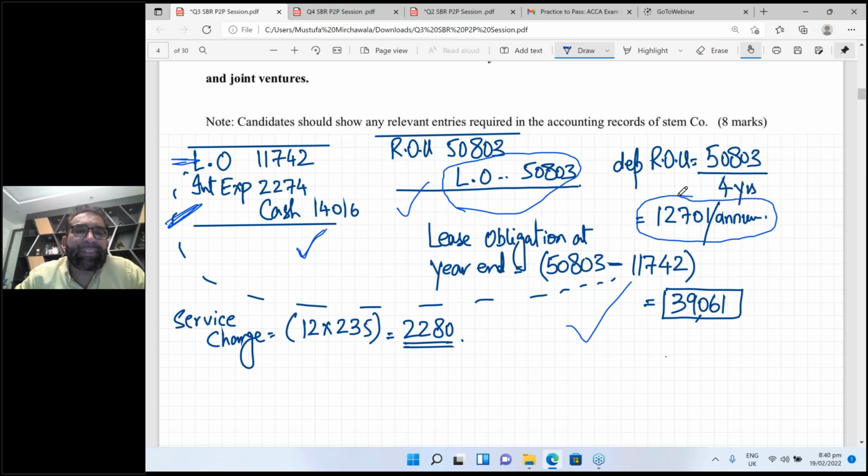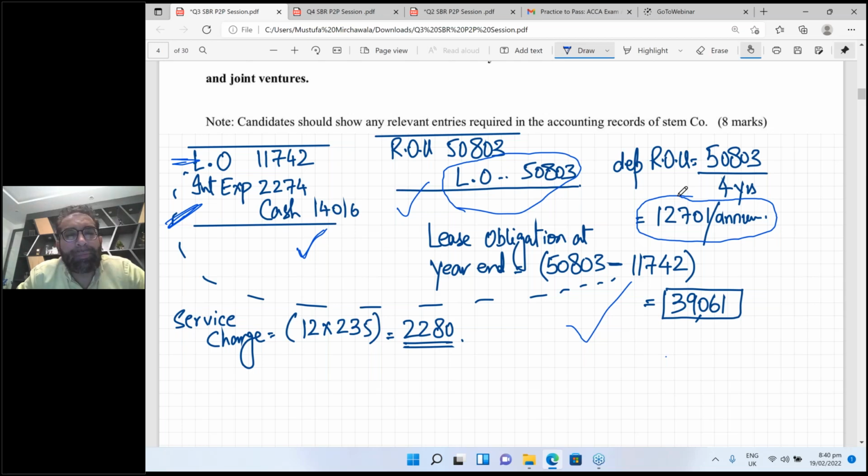So 50803 less 12701 will give you the year-end carrying value or net book value. So almost all the SOFP and income statement figures are in front of your screen.